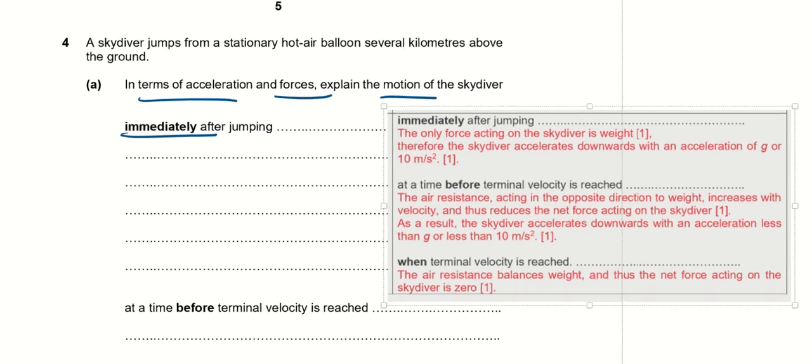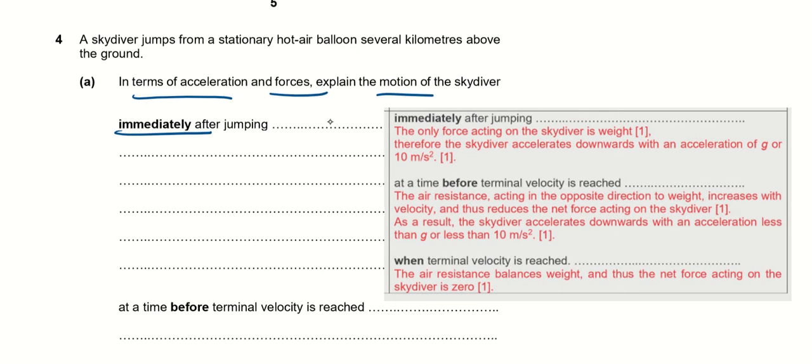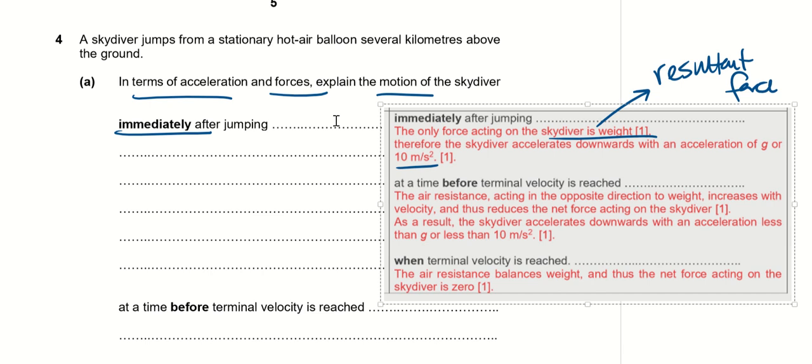Immediately after jumping, the only force acting on the skydiver is weight. That means the skydiver will experience a resultant force, and this resultant force gives an acceleration of g, 10 meter per second square.